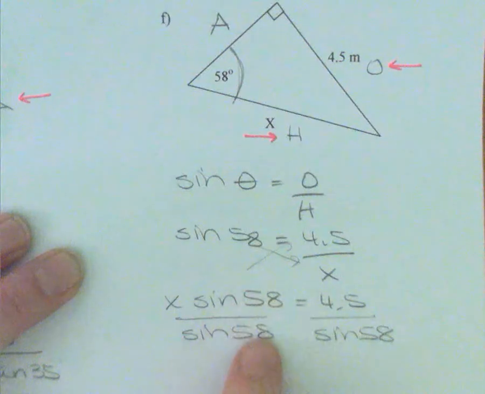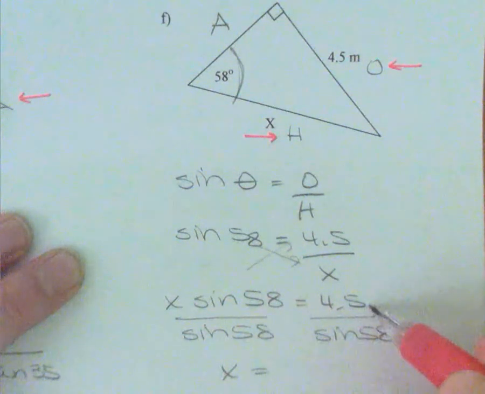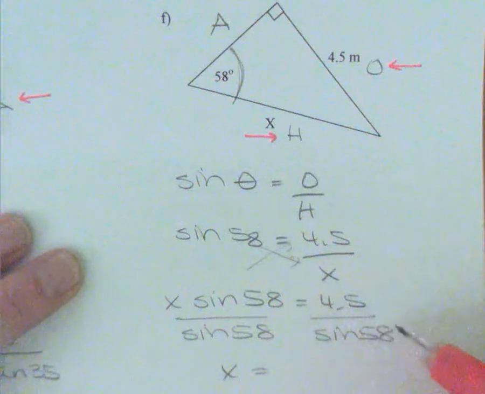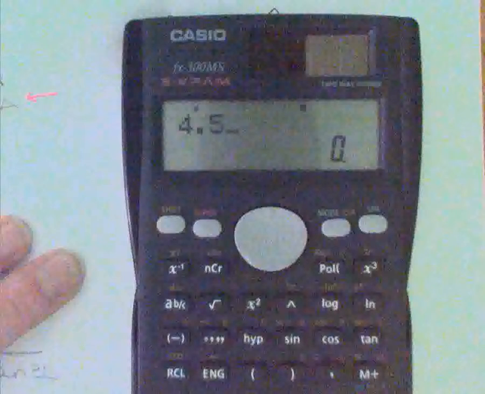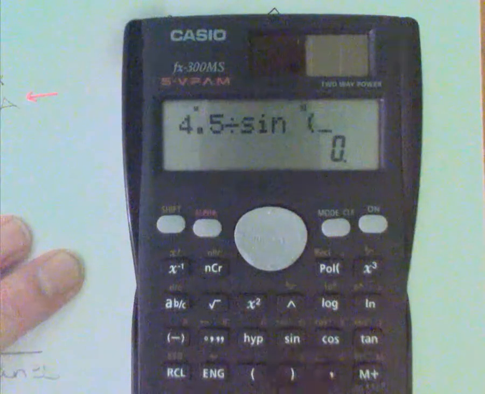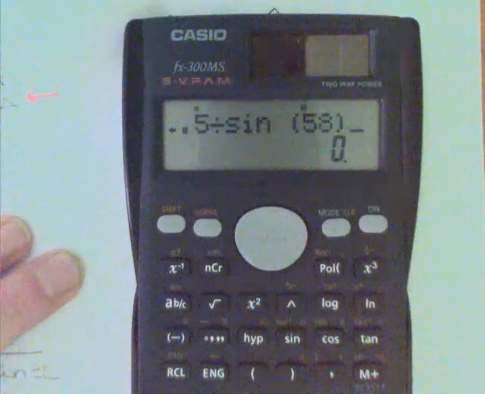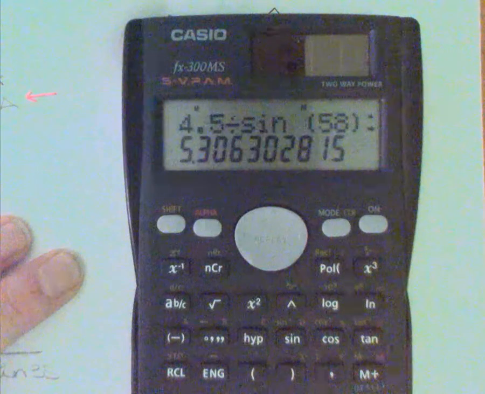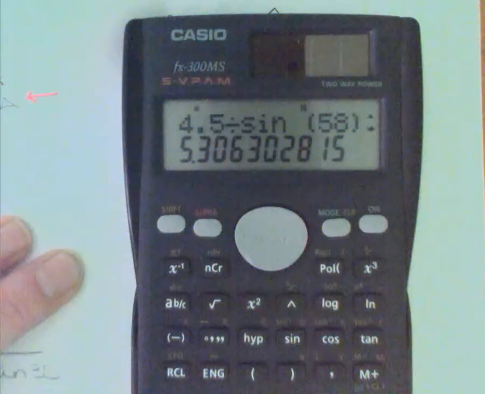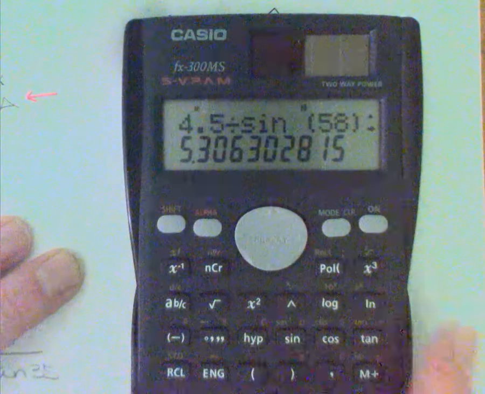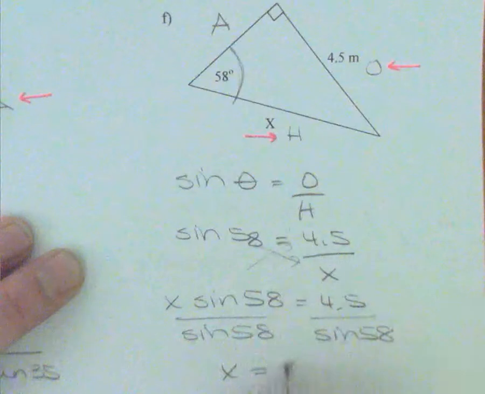This will cancel with this. And I can put 4.5 divided by sine 58 into my calculator. So 4.5 divided by sine bracket 58 close bracket. And I get 5.31 approximately.